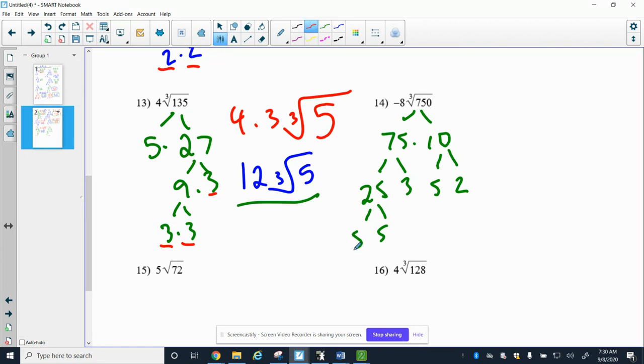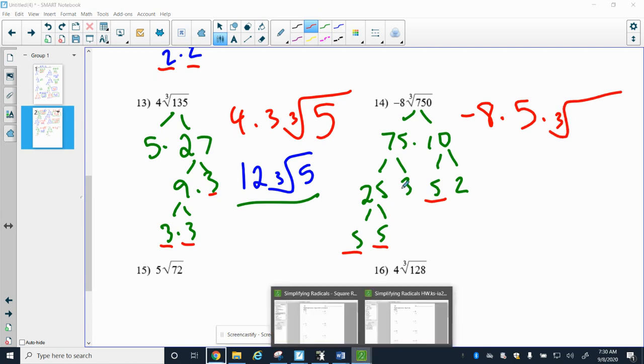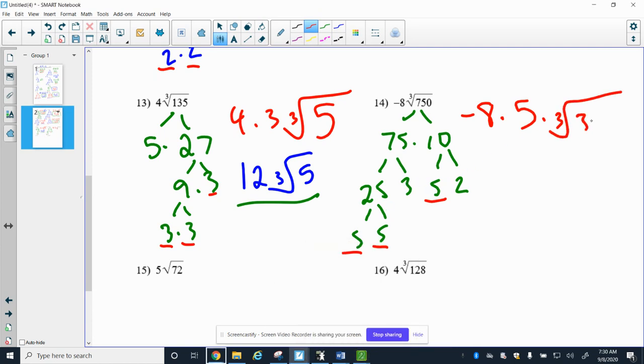Now we look for groups of 3. 5, 5, 5. Awesome. We can break out a 5. Now let's write this out. There's negative 8 times 5 times cube root 3 times 2. Let me simplify. Negative 40 cube root of 6.